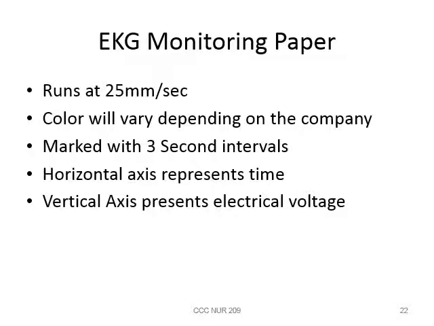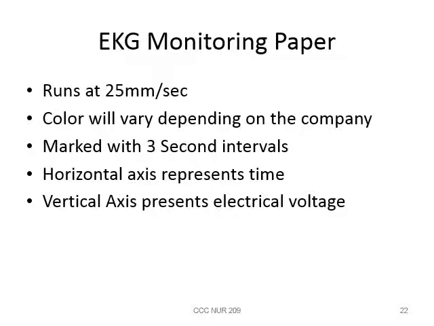Now, one thing you need to understand, with paper and with the monitors themselves, if you're using anything that runs a paper, or if you're looking at the EKG going across the screen, it's running at 25 millimeters per second. When you get papers, the color is going to vary depending on the company.